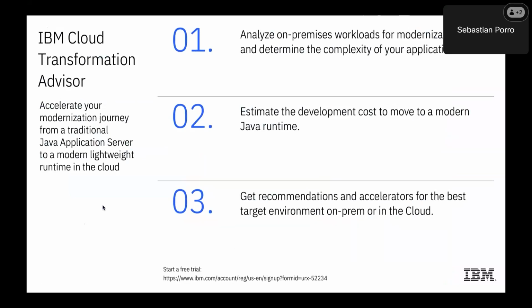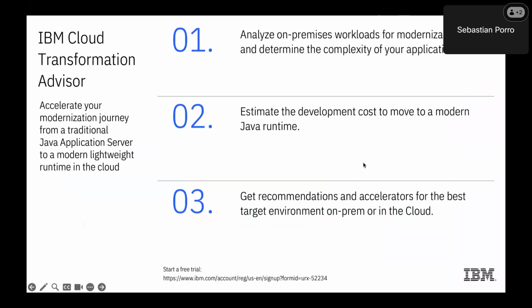You can get a clear picture of the applications you have there, and you're going to have an assessment of the complexity of those applications and an estimation of the effort that will be involved in moving those applications into a modern runtime. And you're also going to be getting recommendations on how to deal with this transformation effort while you move those applications from a traditional monolithic application server to a modern runtime such as WebSphere Liberty.